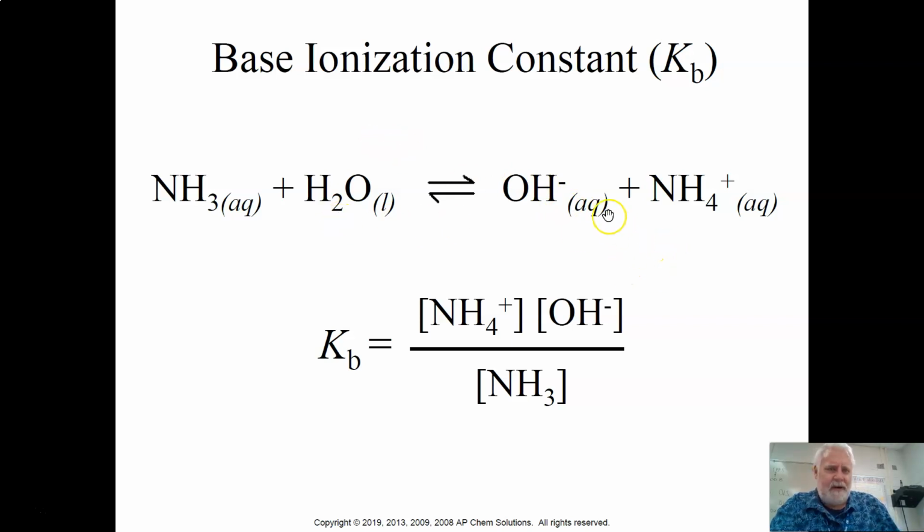But these again are weak. You put the products on the top, the reactants on the bottom, and you set up what is known as a base ionization constant, or an equilibrium constant for the reaction of a base, and we just did acid.